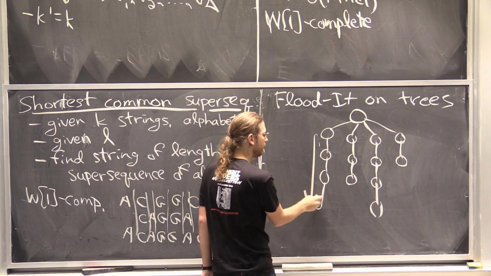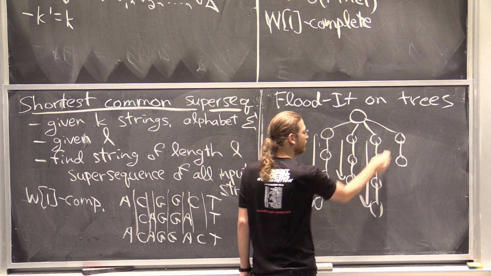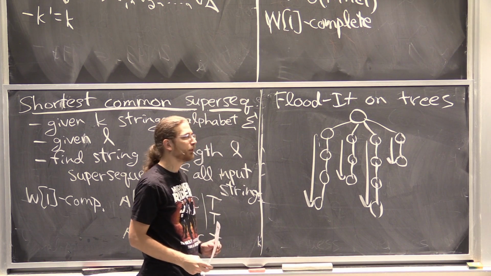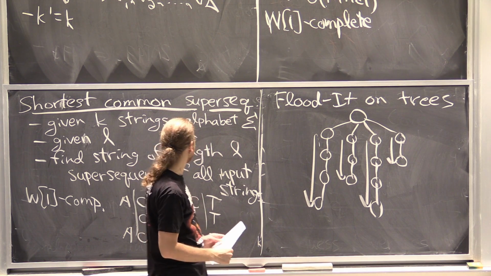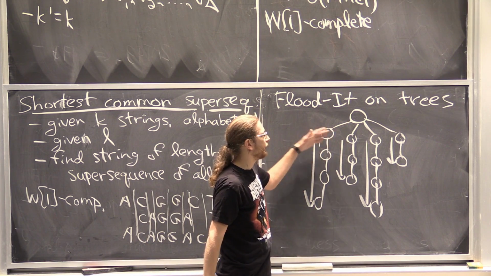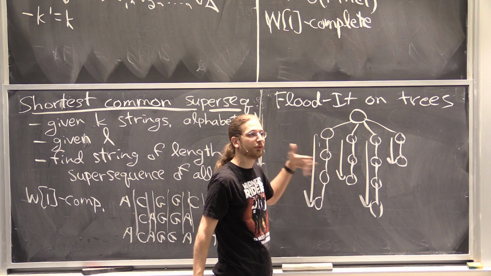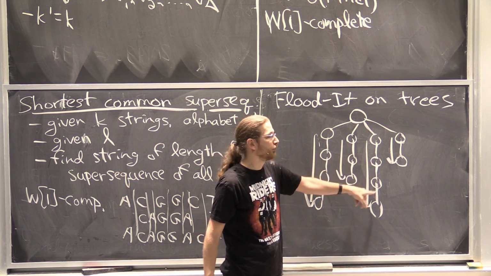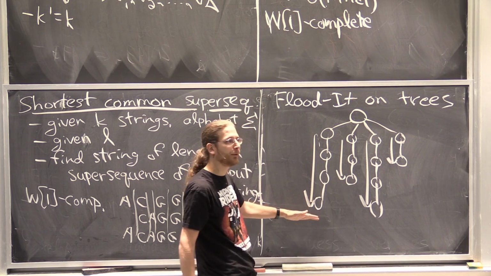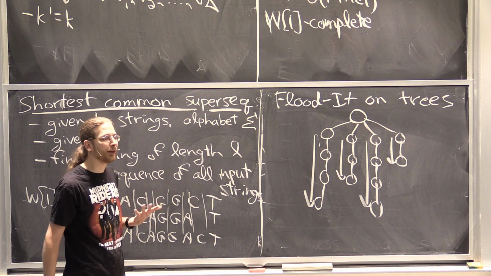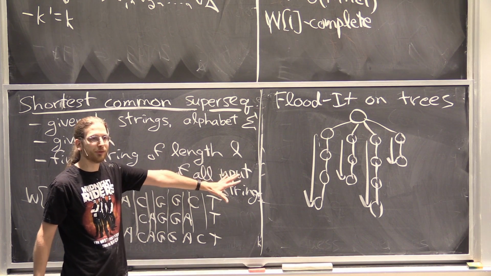These are going to be my strings. And if I want to be able to solve this in some number of moves, L moves, then the sequence of colors I play is a shortest common supersequence of these strings, because they all have to get to the bottom. They'll sit there and wait, and so you can essentially drop letters, and that's cool.